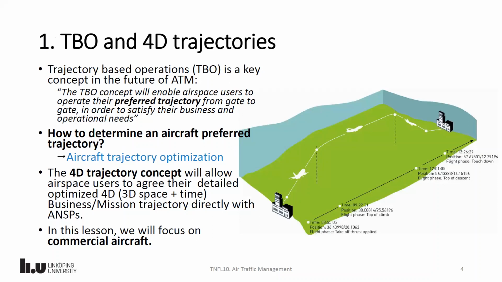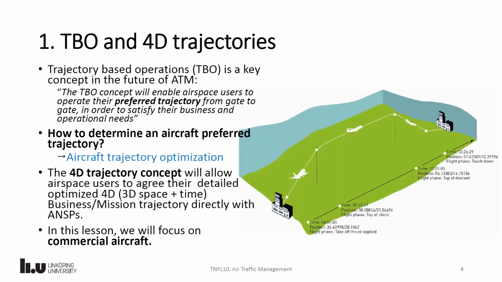This is just a reminder: the trajectory-based operation concept will enable airspace users to operate their preferred trajectory from gate to gate in order to satisfy their business and operational needs. So how do you determine what is the user preferred trajectory? You do that using aircraft trajectory optimization.